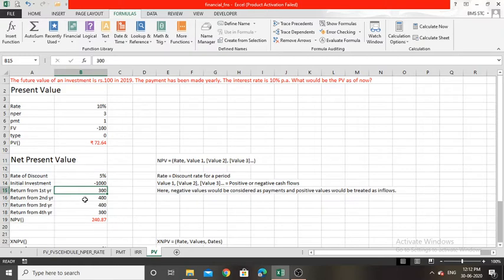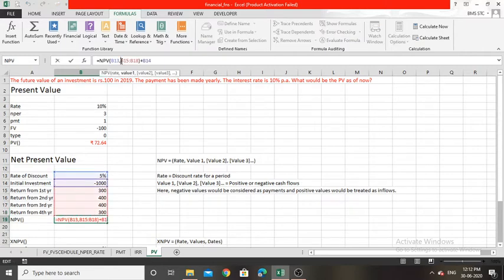So it is inflow instead of outflow, and the positive symbols represent an inflow, not an outflow. So in the function, first comes the rate, comma, then the range B15 to B18, that is 300 to 300, plus this minus 1000.